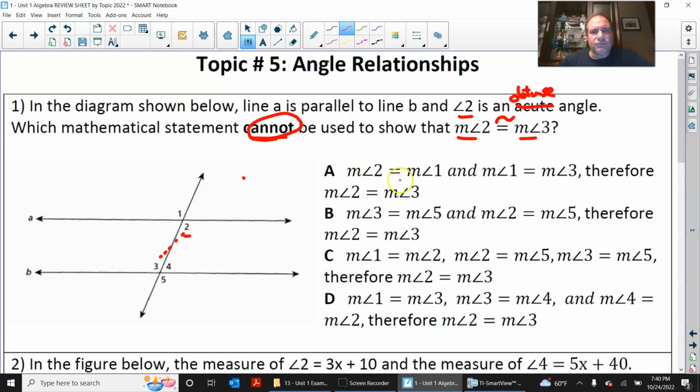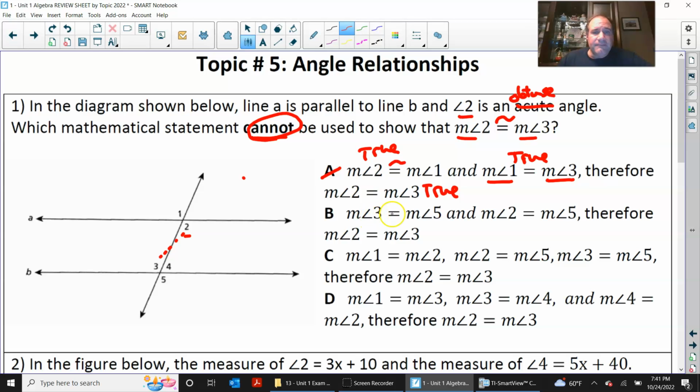Measure of angle 2 is equal to the measure of angle 1. So that's true. So I'm just going to put a true here. Which one's not true? Measure of angle 1 and measure of angle 3, those are equal and they're corresponding angles, so that's true. So therefore 2 and 3 are equal. This is true, that's out.